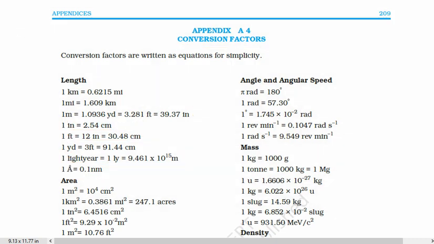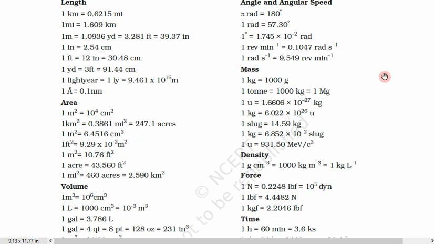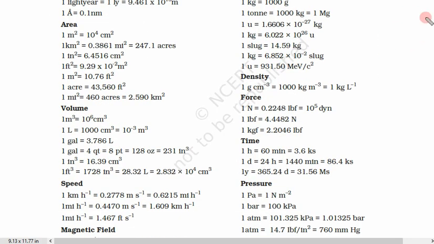Okay. Now let us move to area. Area is nothing but square of length. Suppose this is A, this is B. So A into B is area, or if side is L, then side square, L square. So what would be the unit? Unit would be meter square. Now let us see what happens with other units.